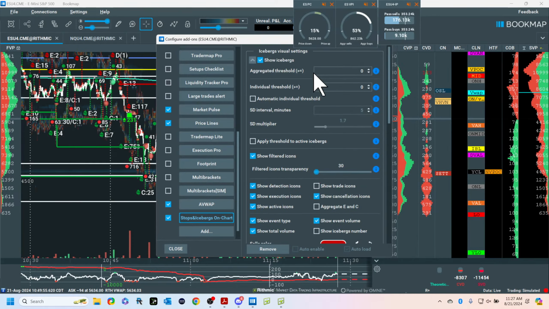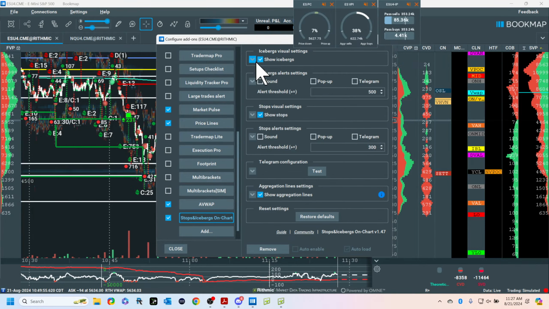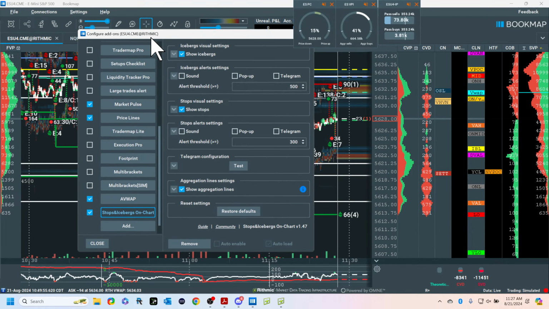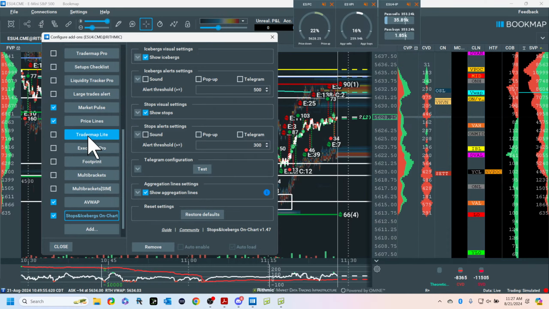Find the right one here. I'm showing everything on the icebergs because I want to see them all. So anyway, that's kind of it, and by the way, all the add-ons are managed here. When there's an update, it'll let you know, and you update them. There's a lot more here. Footprint chart, filters for any noise in the heat map.